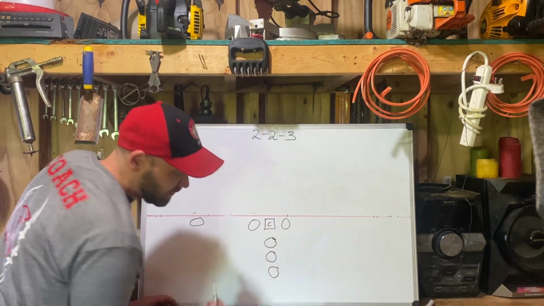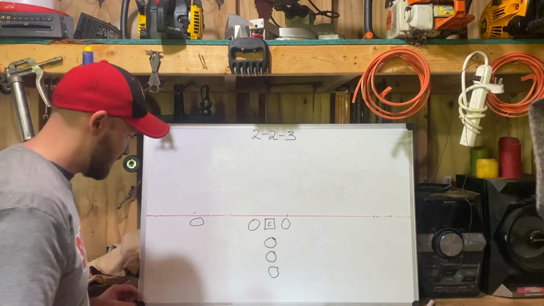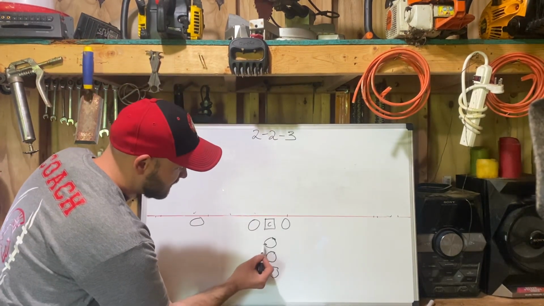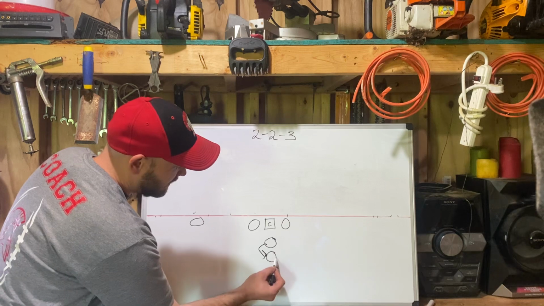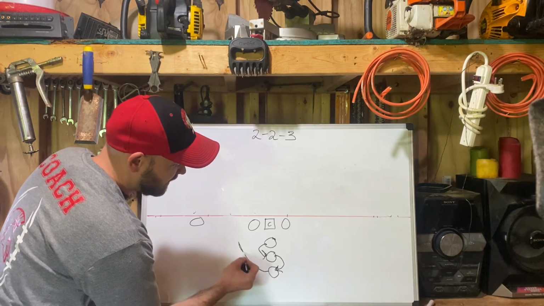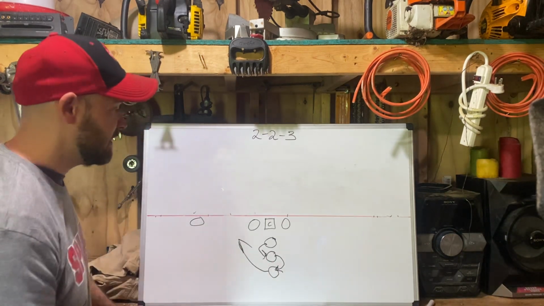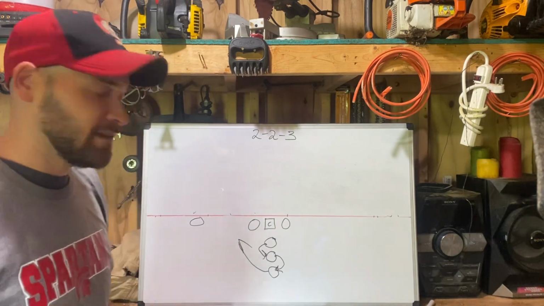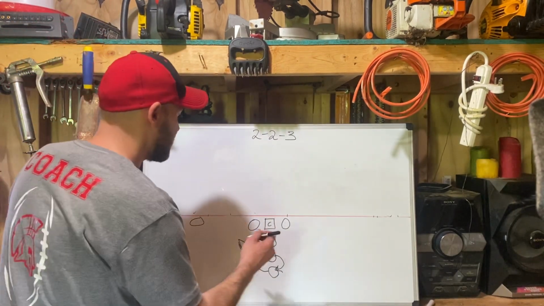What they're going to do is we're going to see a lot of reverses here in flag. He's going to reverse to him, he's going to reverse to him, and he's going to take off this way on the strong side. We're going to see that. Flag coaches like to run that a lot.